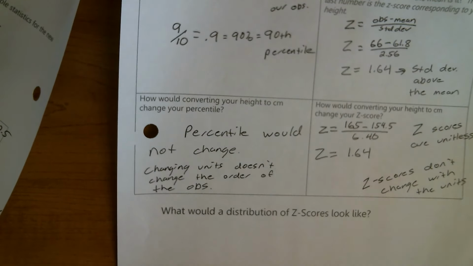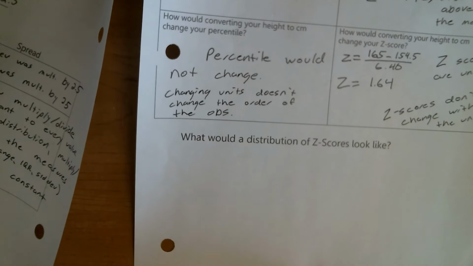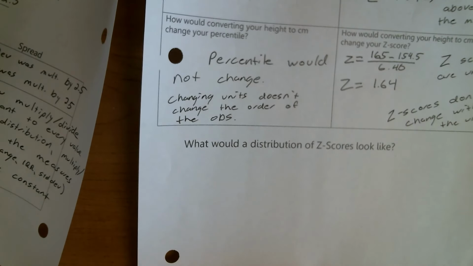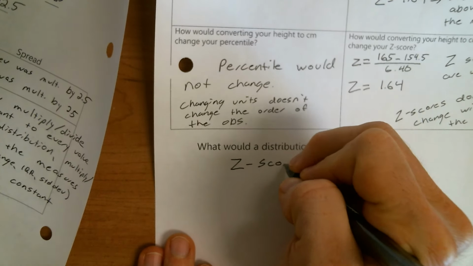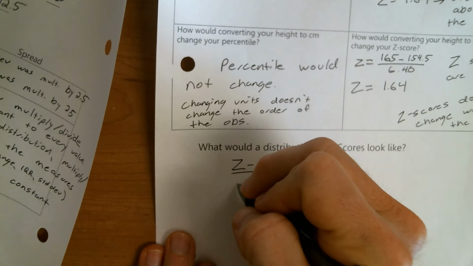Now, what would a distribution of z-scores look like? If we think about it, a z-score is really two transformations.